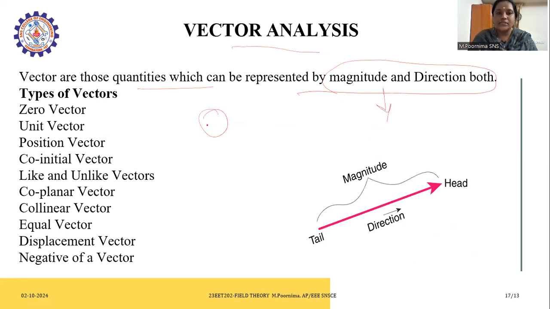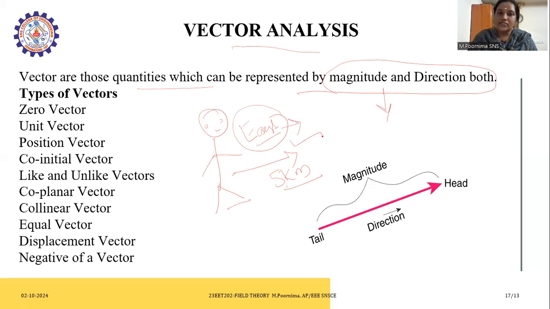Vectors are those quantities which are represented by both magnitude and direction. Take the same person. In the previous example, he was instructed to move 5 kilometers away from his rest position. Now he is instructed to move 5 kilometers in the east direction. Here the direction is given to this person, so it has both magnitude and direction.